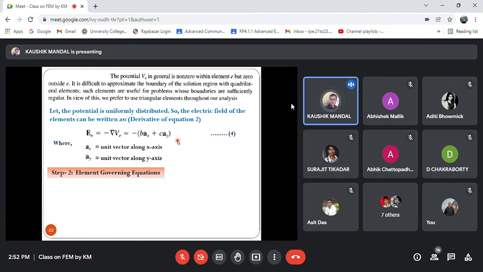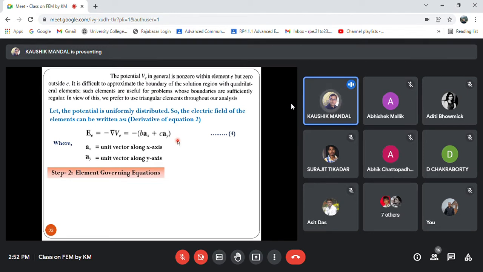So up to this is step 1. That is, we have divided the entire solution region into a finite number of elements. We prefer to approximate the entire solution region by triangular shaped elements, because with their help we can approximate irregularly shaped boundaries in a better way.